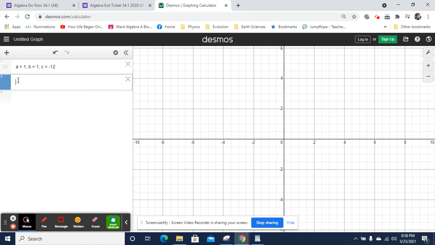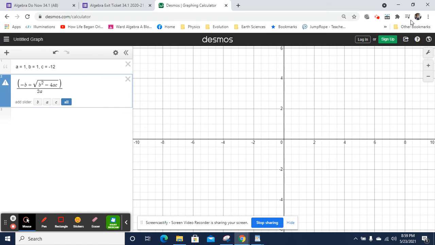And now we're going to set up the quadratic formula. So x is equal to negative b plus or minus, I'm just going to be the plus version, the square root of b squared minus 4ac, all over 2a.